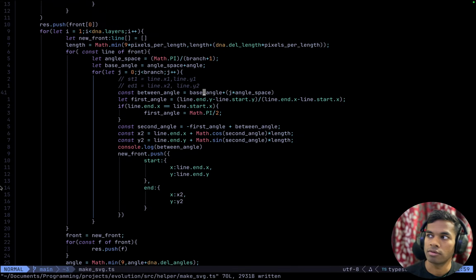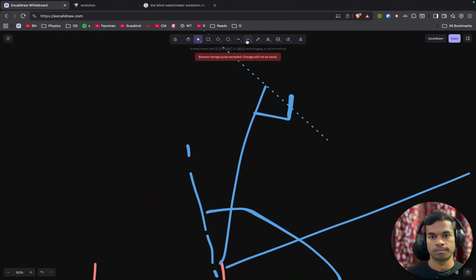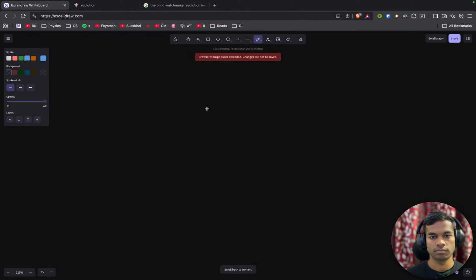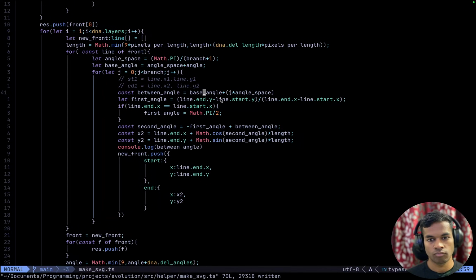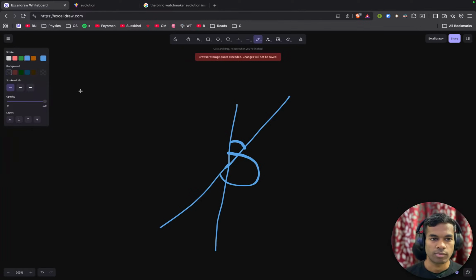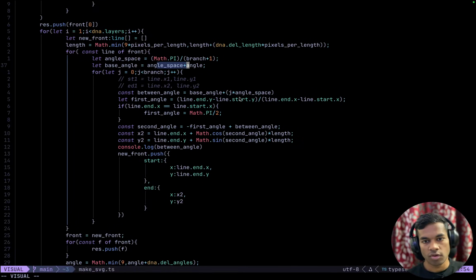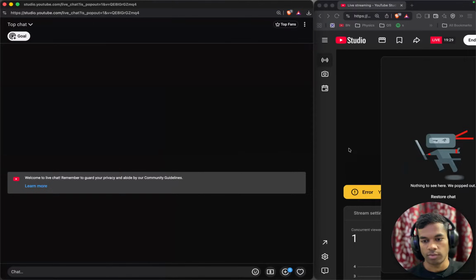Angle between these two lines would be this. Let's see. We have one line, and then we have the second line, and we have this angle. Okay, and we are saying this between angle is j into angle space, base angle is angle plus base angle. This is not right.